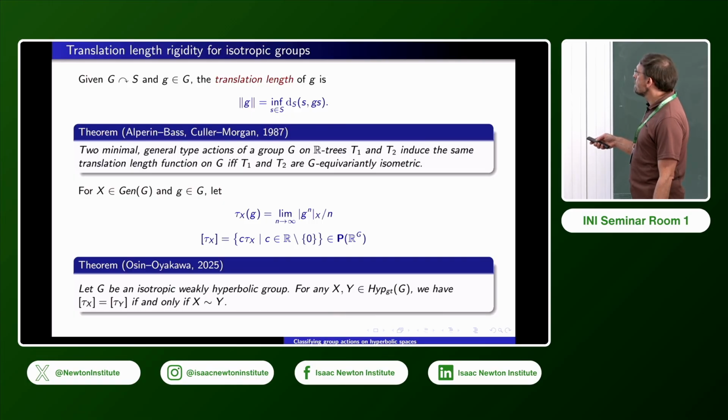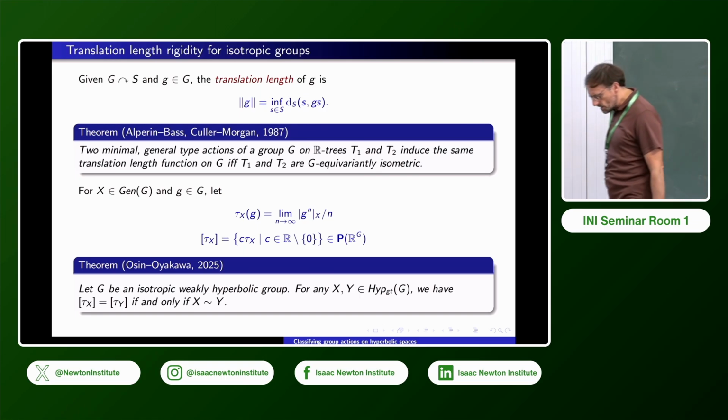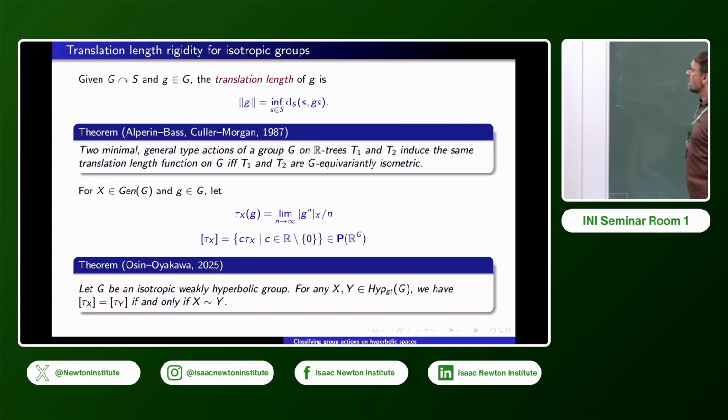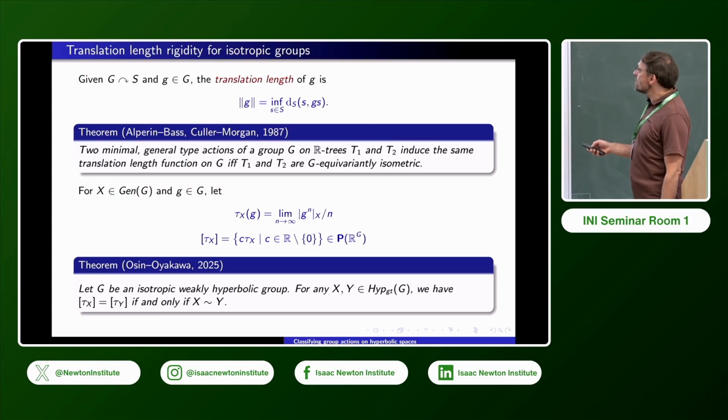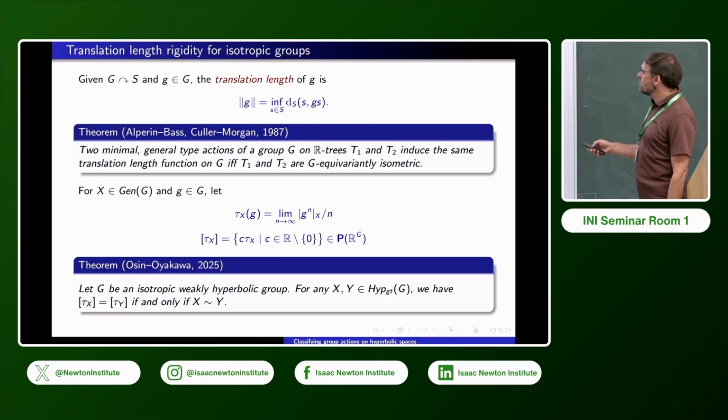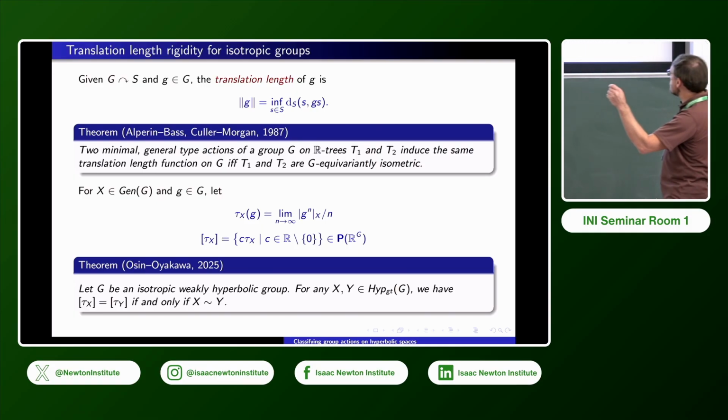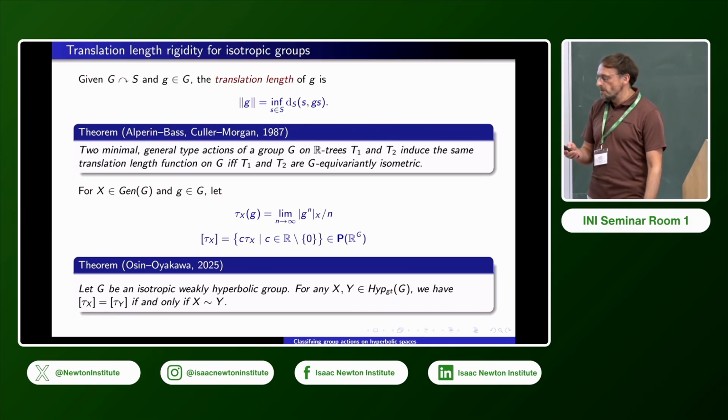You take any generating set X of the group and you take the length of g to the n, the nth power of your element, with respect to the generating set X, and then divide by n. The limit always exists. It's a well-known fact, and we denote this by tau sub X of g. And then we consider all multiples, the equivalence class of this translation length function with respect to scalar multiplication. So essentially, this is a point in the projective space of R to the power G.